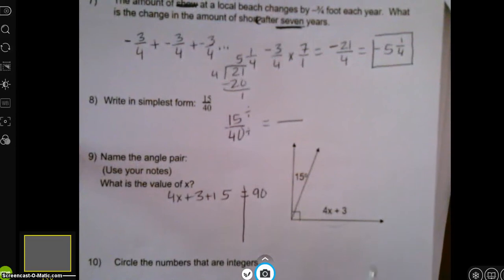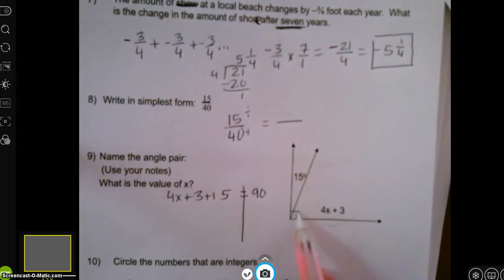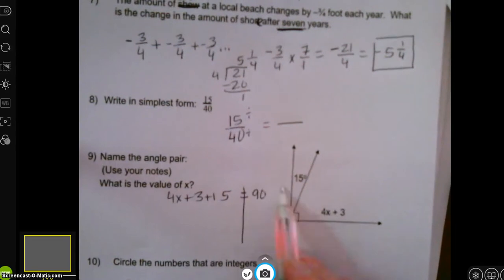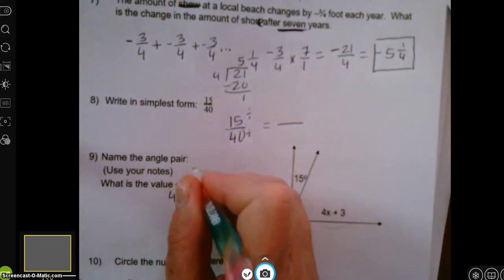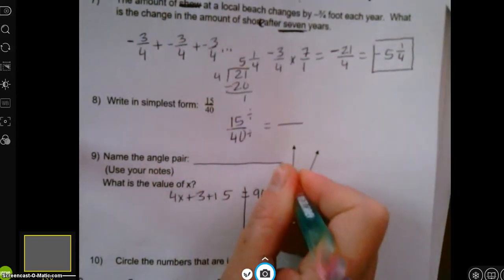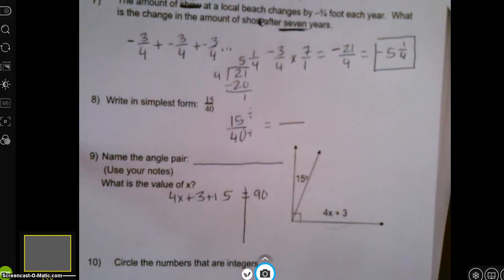But please make sure you solve this. Sorry, I wasn't showing that, but this right here means it's 90 degrees together for both angles. Okay, so put a line here so you remember to write the name of the angle pair. If you forgot what it is, look back in the blank journal notes. There's one that says like angle notes or something, and you can use that.